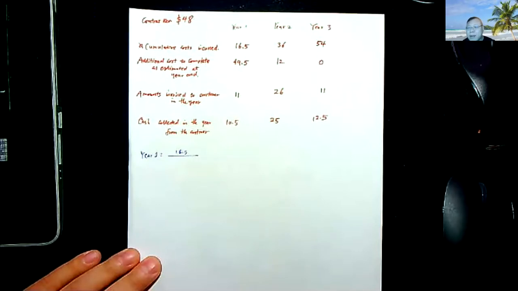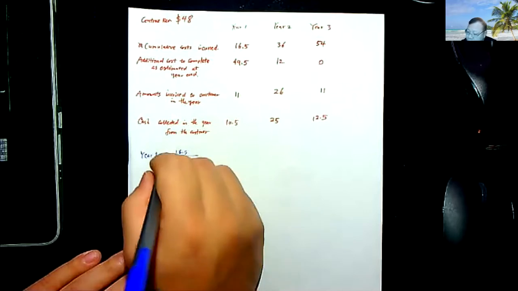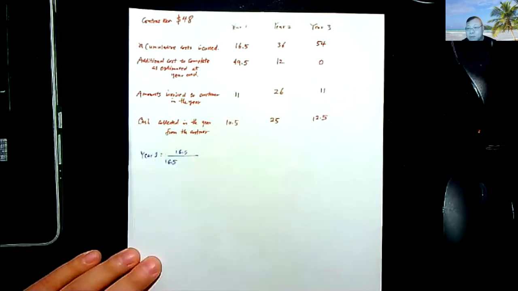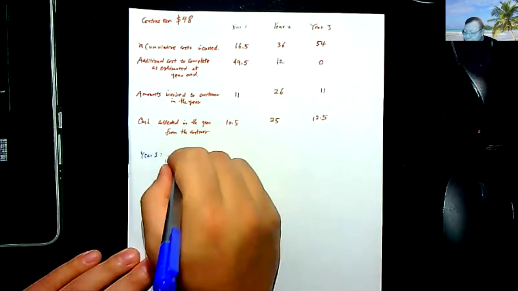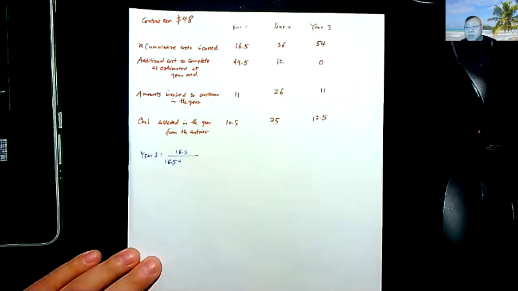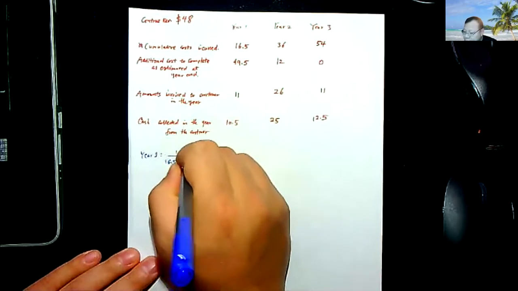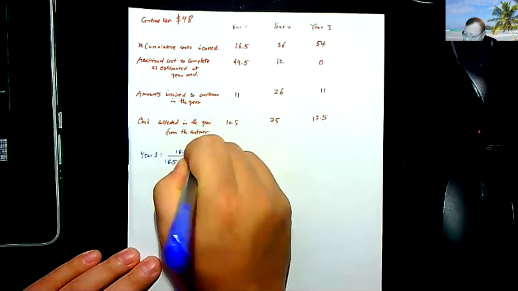Total expected cost has two components: the cost incurred so far, plus estimated additional cost to complete, which for year one is 49.5.